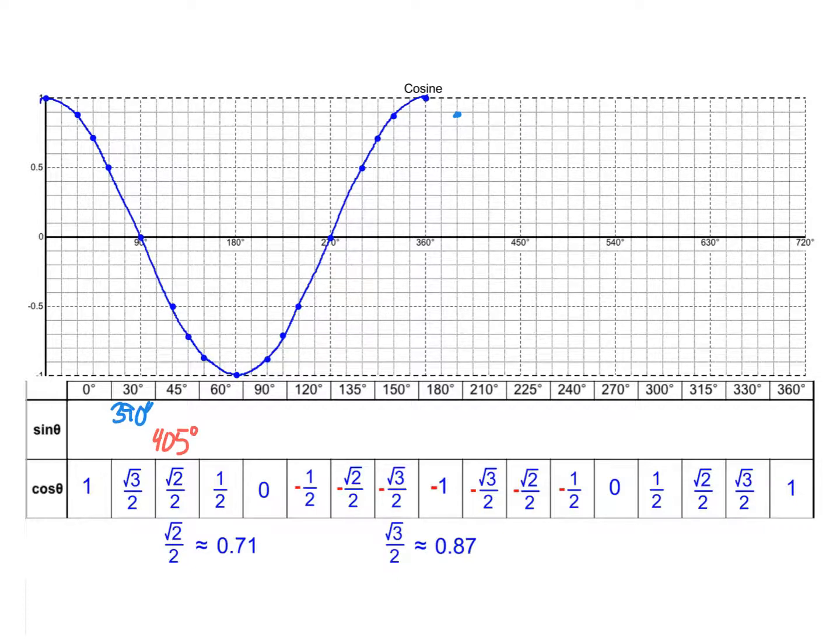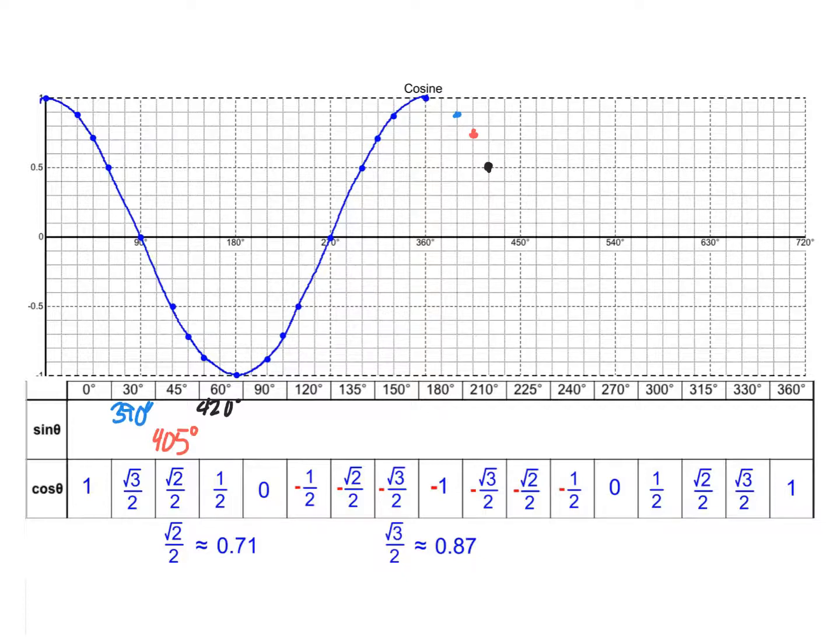And so then I can go up to 0.71 there. And then we can repeat the process. Let's go over to the 60 next. If I add 360 to 60, that gives me 420. We saw that one earlier, in fact. And so if I go over to 420, I should be going up a half.